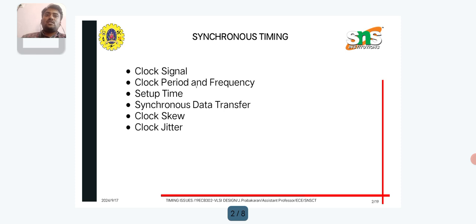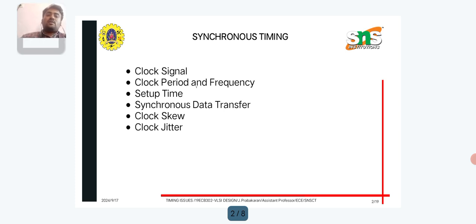All parts of the circuit execute their operations in synchrony with this clock signal, which helps ensure predictable and reliable timing. The clock defines specific time interval, that is clock cycle, periodic cycle, and all changes in the state of the system occur at well-defined times.